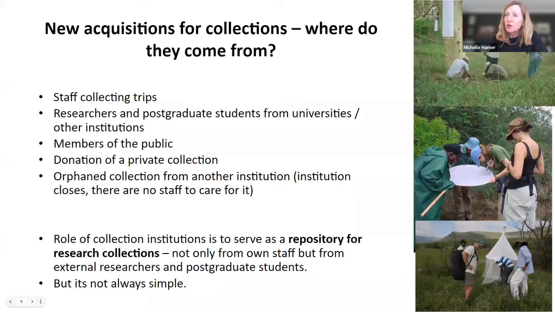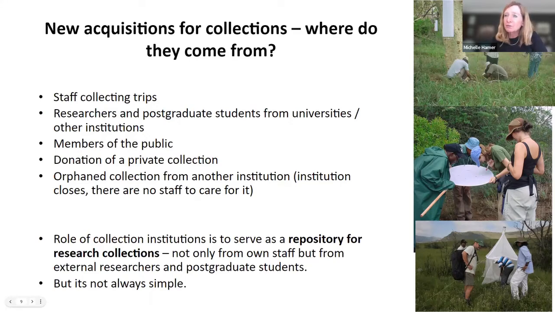Members of the public, so I'm sure all of you have had people who arrive there, they've had something fall in their swimming pool and drown, or they've had something bite them and they've caught it and they've brought it to you, or they've brought in a plant that they don't know what it is and they want to give it to you and put it there, and they want to know what it is.